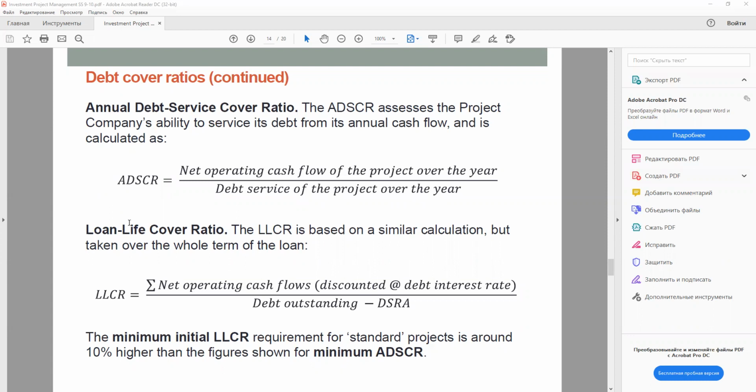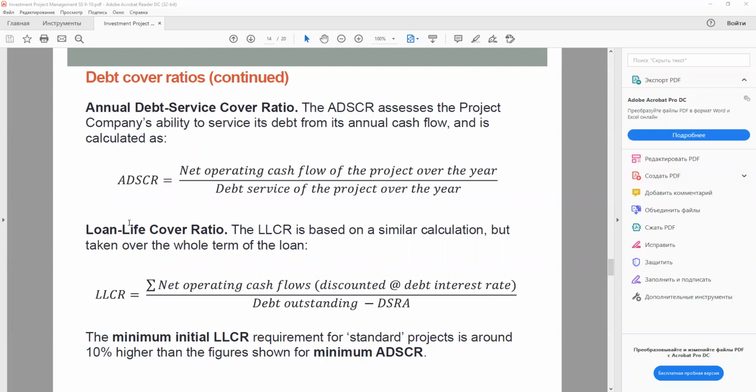The ratio can obviously only be calculated when the project has been in operation for a year, although because it may affect the ability to pay dividends, it may be calculated for the previous 6 months only for the first period after the project begins operations. And we see in this simple calculation a figure for ADSCR is 1.2.